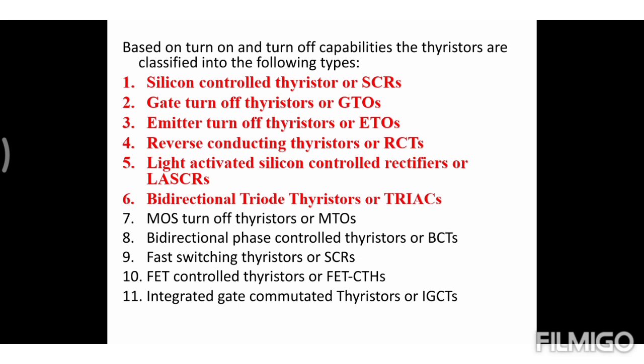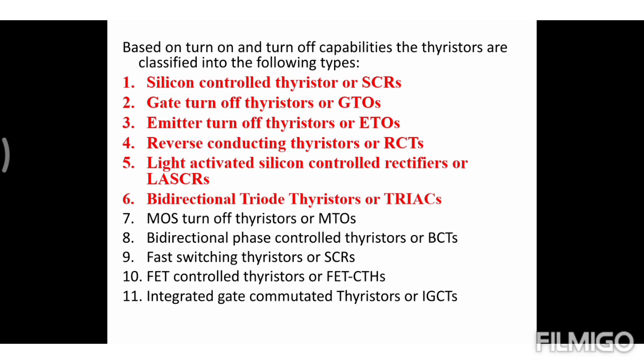And eighth one is the bidirectional phase controlled thyristor or BCT. Ninth one is the fast switching thyristor or SCR. And 10th one is the FET controlled thyristor or FET-CTH. And 11th one is the integrated gate commutated thyristor or IGCT.